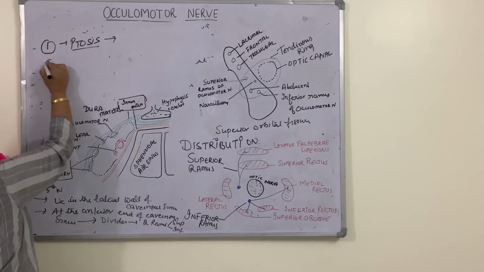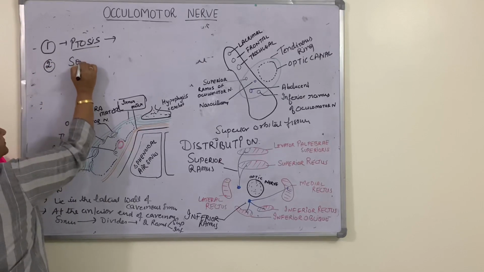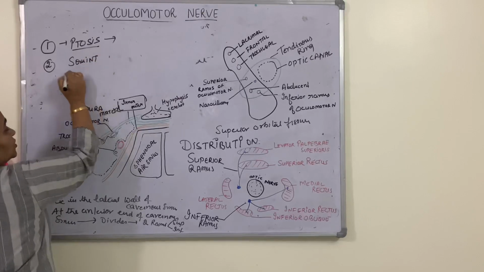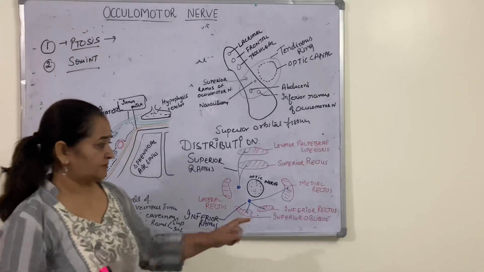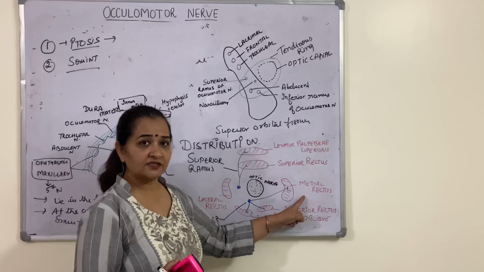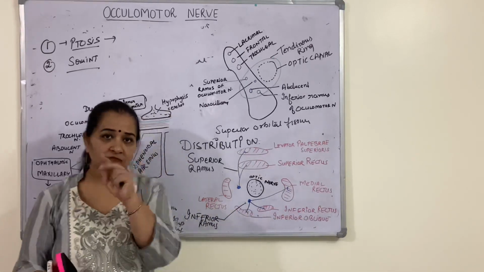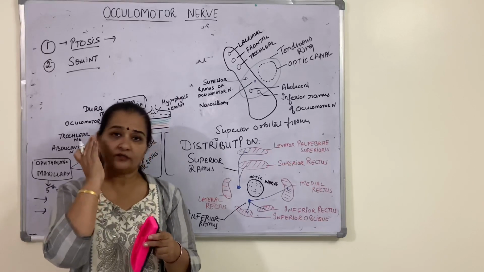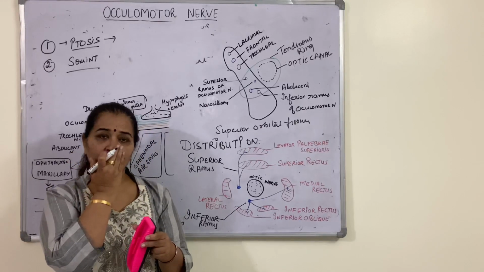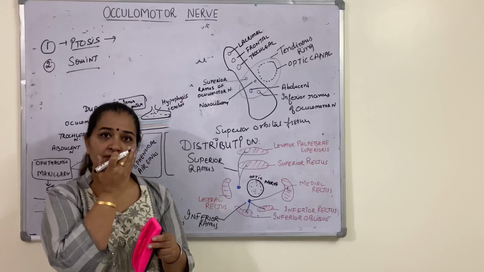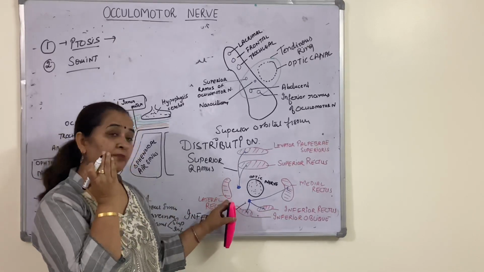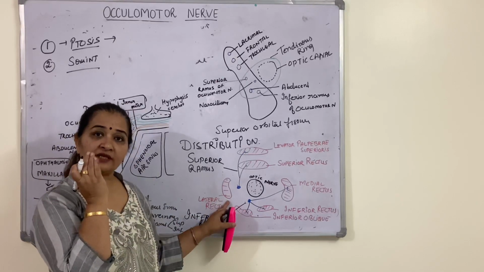Then second applied is squint. So what is going to happen? That is definitely medial rectus is supplied by the oculomotor nerve. So what is the action of medial rectus? If I am talking about this eye, the action of the medial rectus is to move the eyeball on this side. But the lateral rectus is supplied by sixth nerve, it is intact.